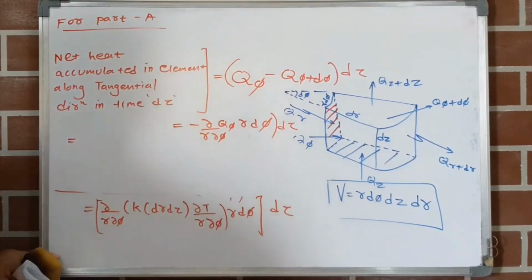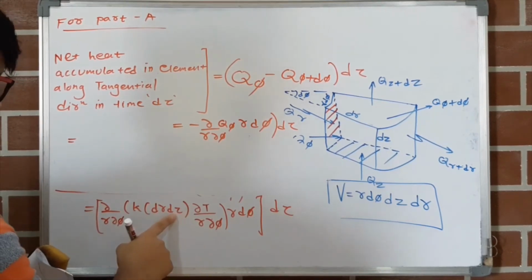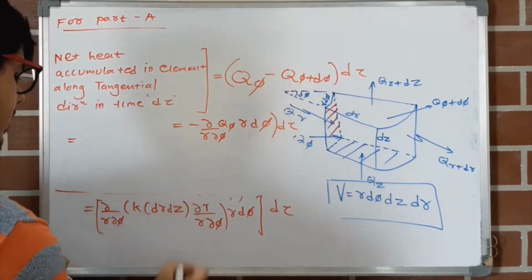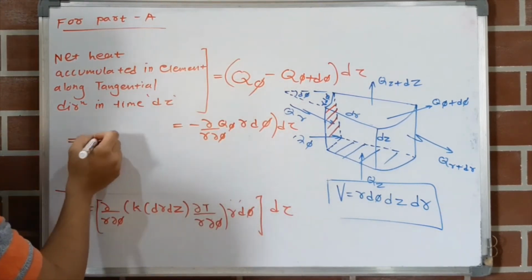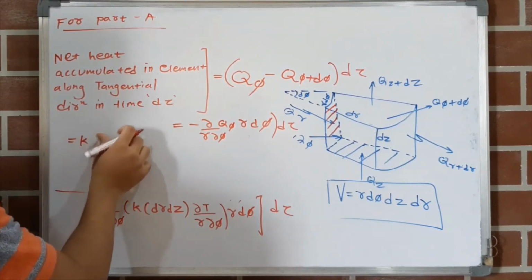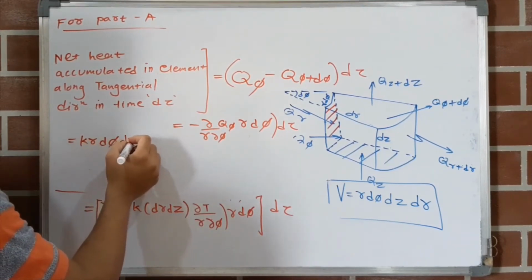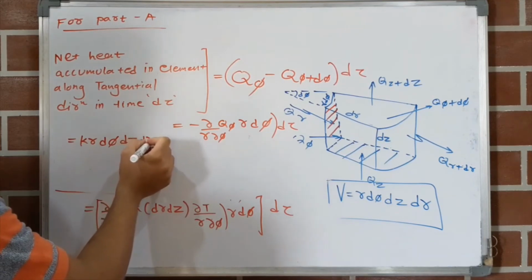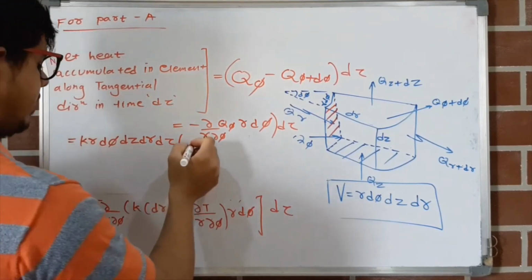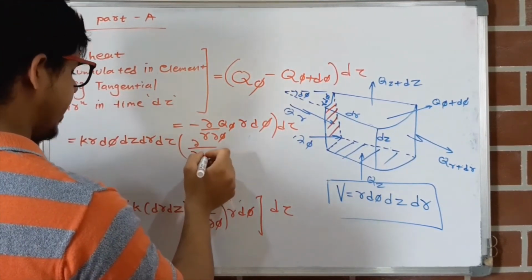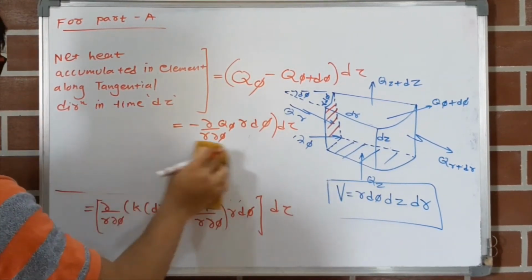So it will be equal to, here k will be out, dr will be out, this dz will be out. Okay, and this R into d phi will be out. So we will get k into R d phi dz dr and d tau, and here we will have del upon R into del phi. Okay, it is getting congested, so I will write again.